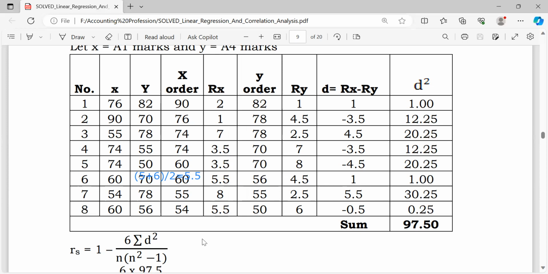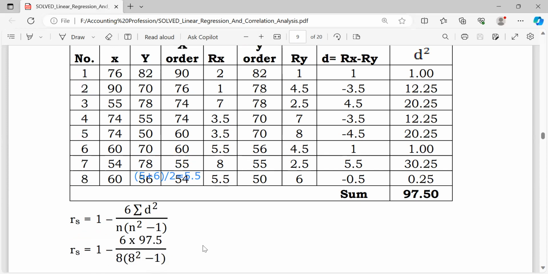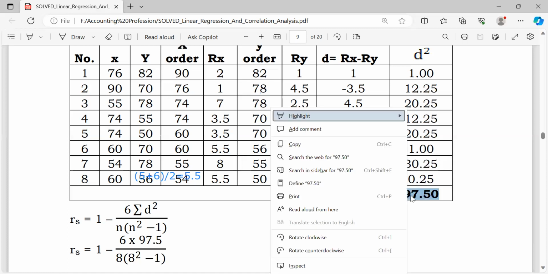All right, now as the formula shows you here, you would have to take a sum of the squares of the differences, right? Of the ranks. So you just add these figures here to obtain the sum. 1 plus 12.25 plus 20.25 plus 12.25 plus 20.25 plus 1 plus 30.25 plus 0.25, and this gives you a total of 97.5, right?